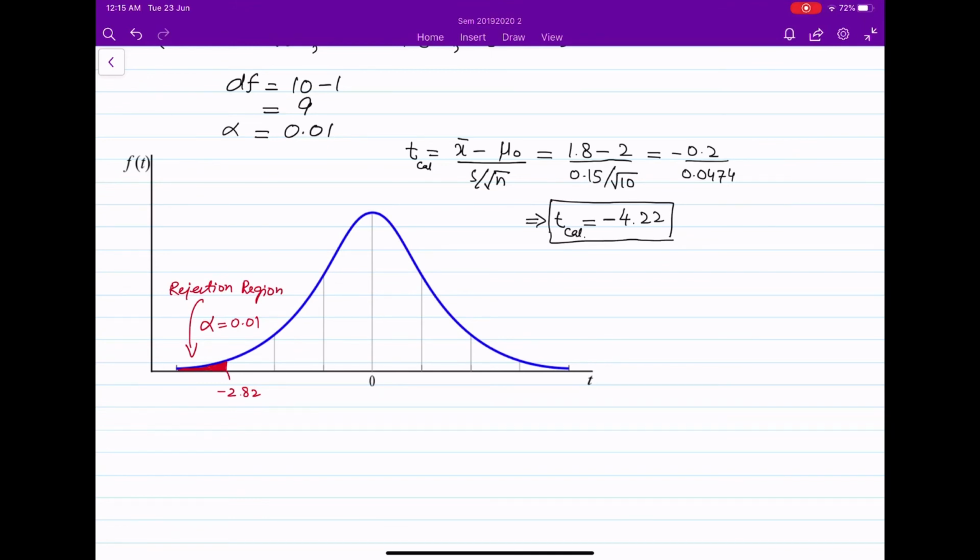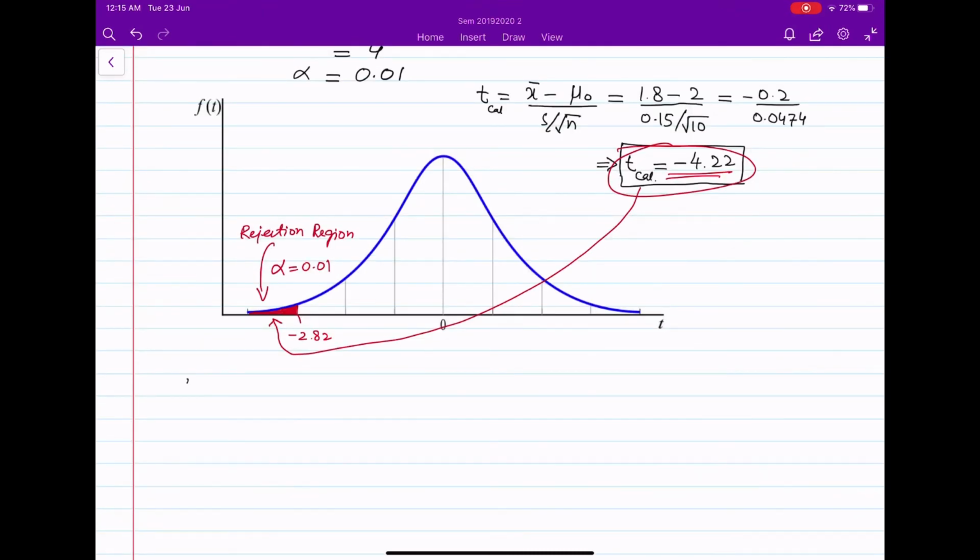So we can reject the null hypothesis based on this information, since the t-value of our test lies within the rejection region. It means that we cannot accept the null hypothesis. So in conclusion, we can write it like this.